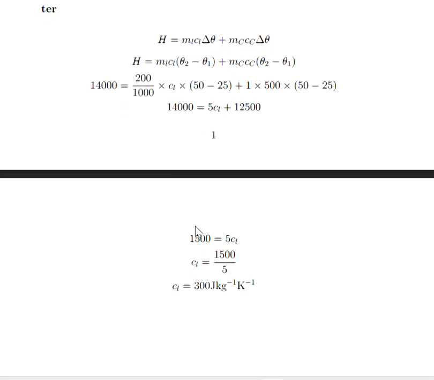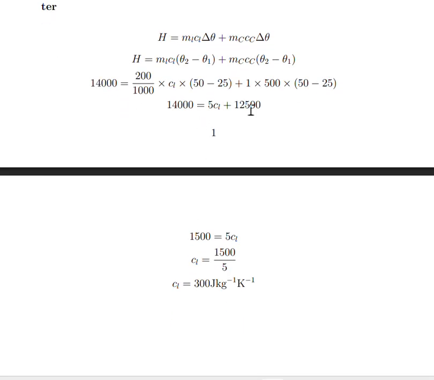If we proceed to simplify, we subtract 12,500 from both sides. Then 14,000 minus 12,500 leaves us with 1,500, which is equal to 5 C subscript L.